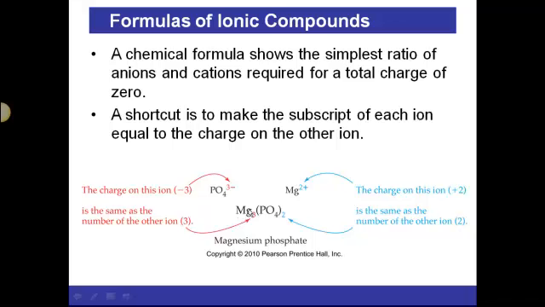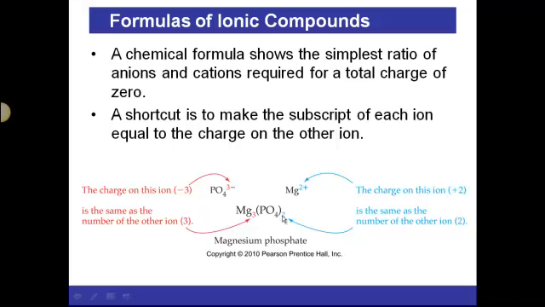So if we say Mg3, how much positive charge do we have present? We've got 3 times the +2. This would be +6 in this case. So we've got +6, -6. The overall charge on this molecule is going to be 0. So this is a stable compound.